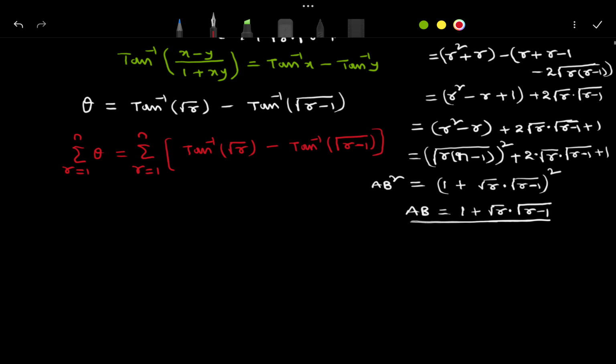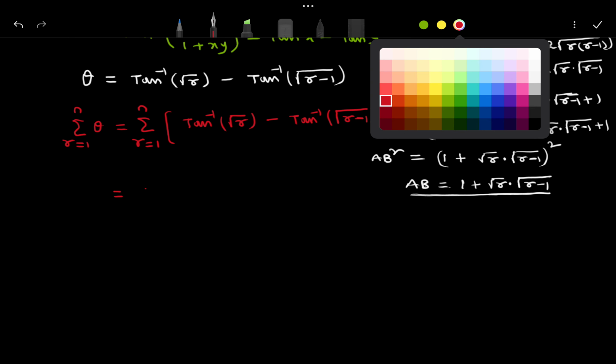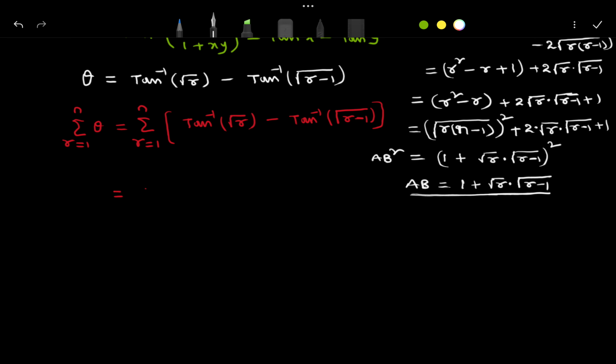You know what is the sigma notation? Sigma notation means substitute first r value, that gives the first term. Substitute r equals 2, that gives the second term. Like up to n you have to substitute. So if you write the first term, its value will be tan inverse of 1 minus tan inverse of 0.